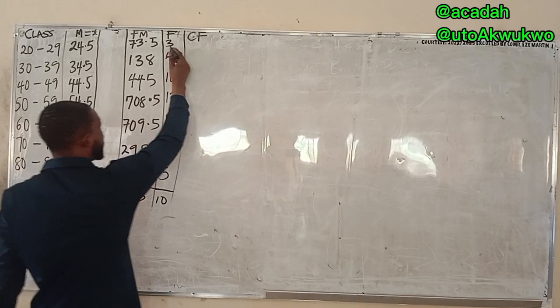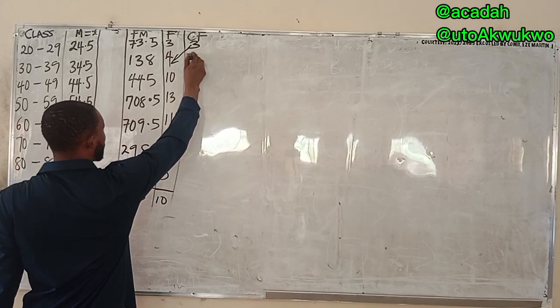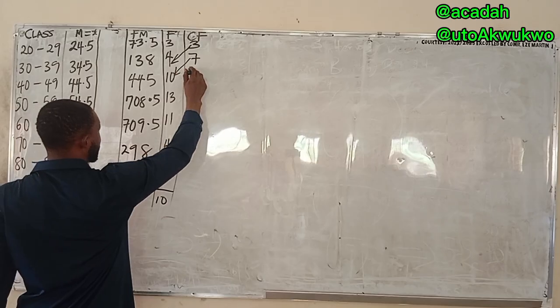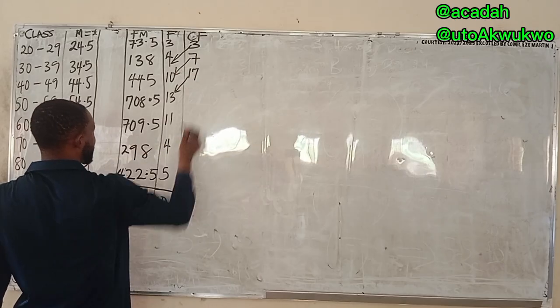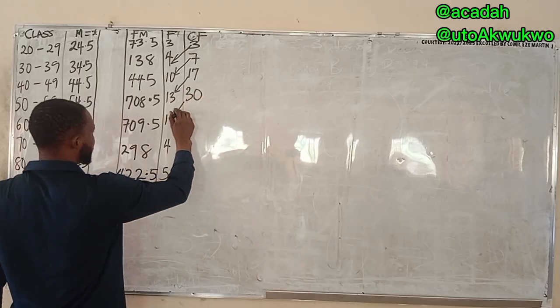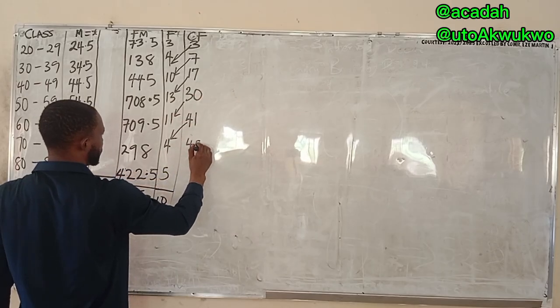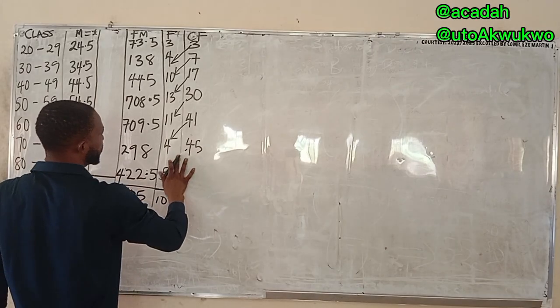Alright, let's go. The first one will be the same. 3 plus 4, 7 plus 10, 17 plus 13, is it 30? 30 plus 11.